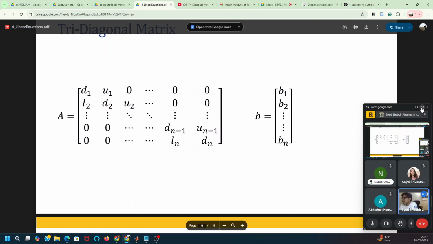You can see that whenever you have a matrix like this, the diagonal elements are populated with some values, the diagonal above the principal diagonal has elements like u2, u3 here, and also below the diagonal you have some elements, but the elements far away from the principal diagonal are populated with zeros.